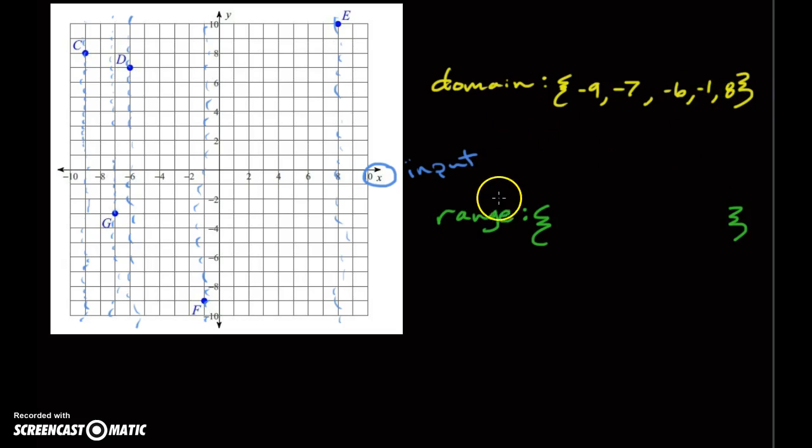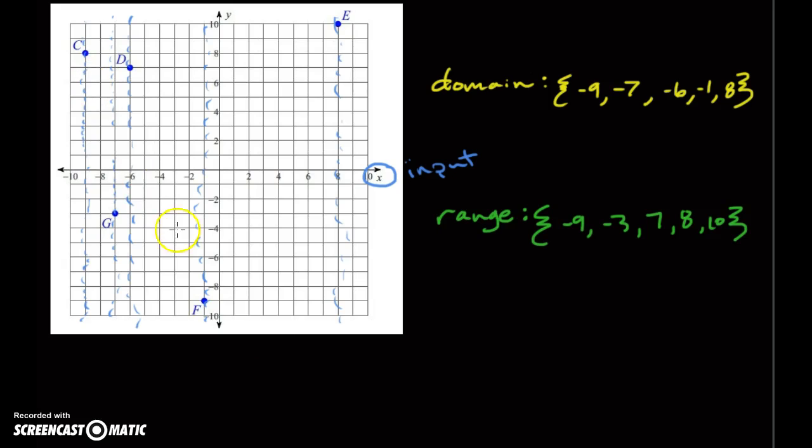So that's our domain. And then our range, same exact thing, but for the y's only. We're starting at the bottom, smallest number, -9, comma, space, looks like that's -3. Then up here we've got +7, +8, and then +10.